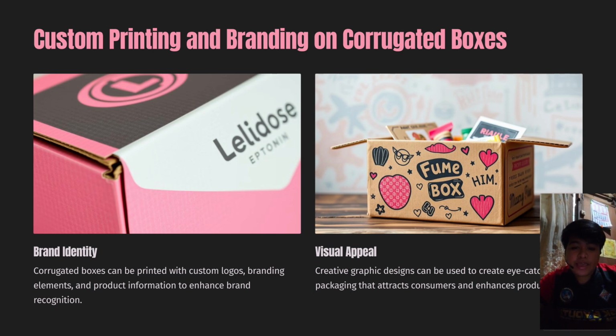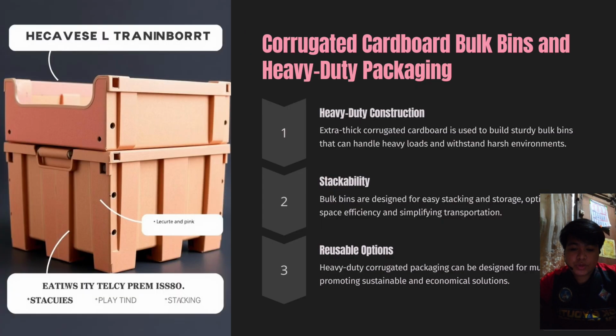Then we have the corrugated cardboard bulk bins and heavy-duty packaging. Like the picture. Now we have the heavy duty construction. Extra thick corrugated cardboard is used to build sturdy bulk bins that can handle heavy loads and withstand harsh environments.